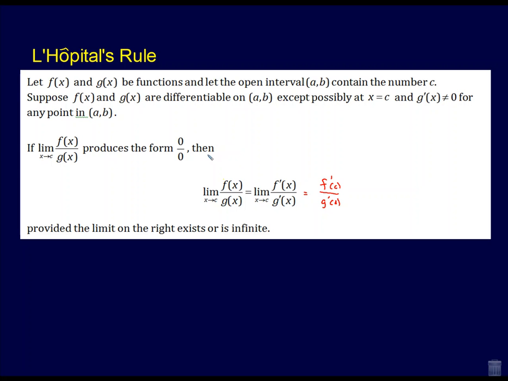This theorem has a bonus feature. Not only does it work when the limit is 0 over 0, but it also works if the limit is the form infinity divided by infinity. So you're going to see a couple instances today where you get a limit of that form, and maybe some of the techniques you've learned before today won't work for that, and you can use L'Hopital's rule for that as well.